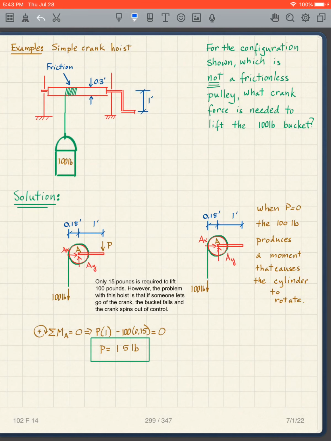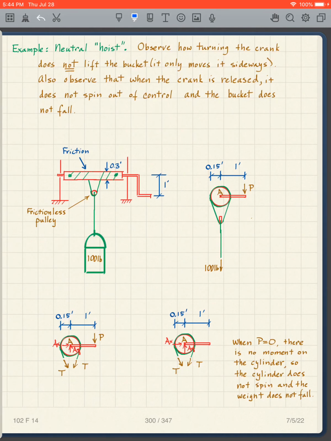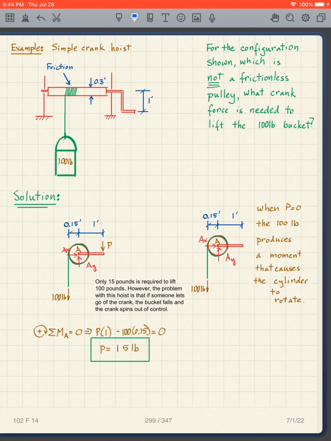Whereas in the previous one that we looked at, I removed that P, I've got nothing over here, and now I do have a moment about point A. I let go and this thing spins around. So this configuration for a hoist is pretty good because when we lift something, we don't want it to fall out of control as it would with this simple hoist.